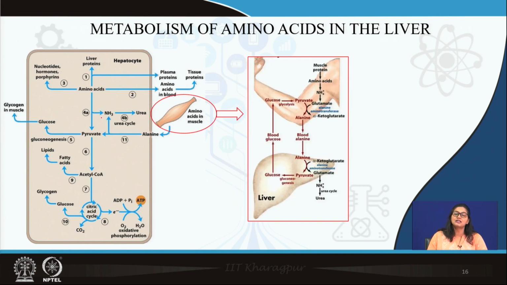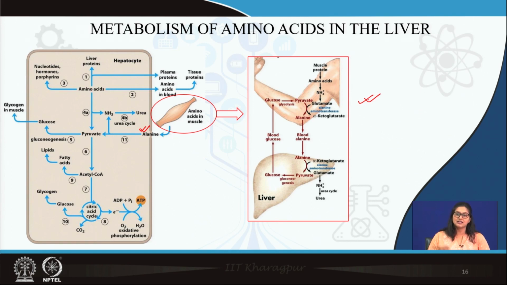So, skeletal muscle proteins can be degraded to provide amino acids, an important one being alanine via the glucose-alanine cycle. If you do not remember, please go through the previous slides where I have discussed the glucose-alanine cycle, how alanine is provided to the liver from skeletal muscle.